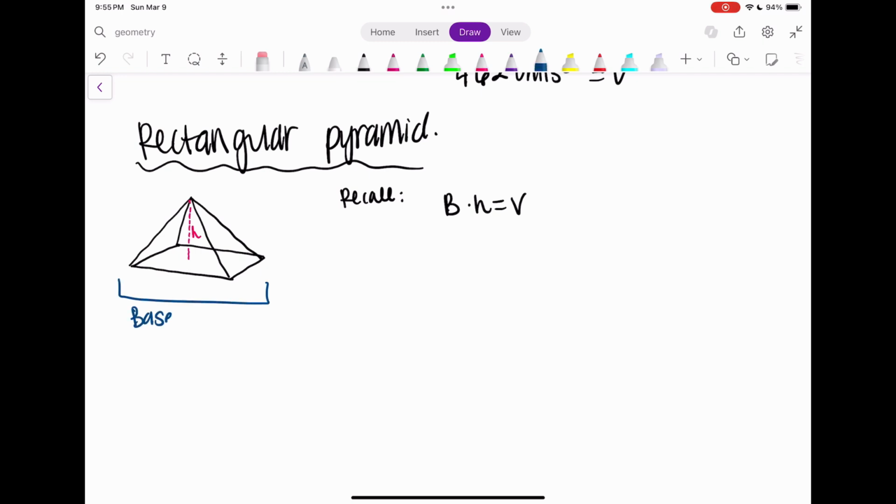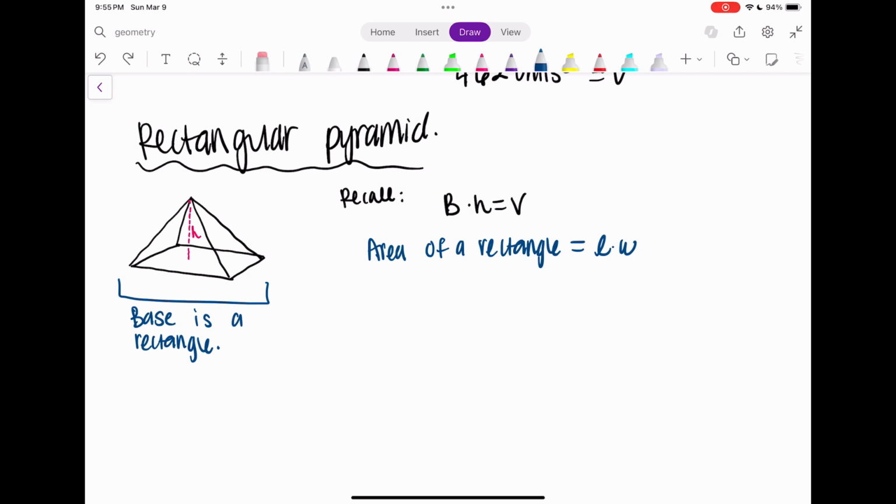Now the base is a rectangle, right? So the base is a rectangle. I know that the area of a rectangle is going to equal length times width. Length times width.